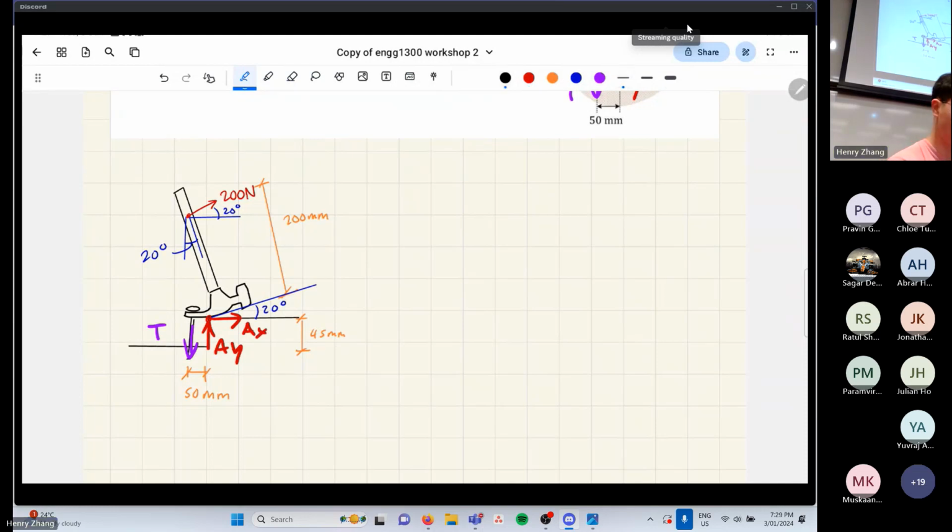The first thing I'm going to do is take the sum of the forces in the x direction. Here we actually have this diagonal loading, so there will be some horizontal reaction, and that's going to equal 200 cos 20 plus AX.